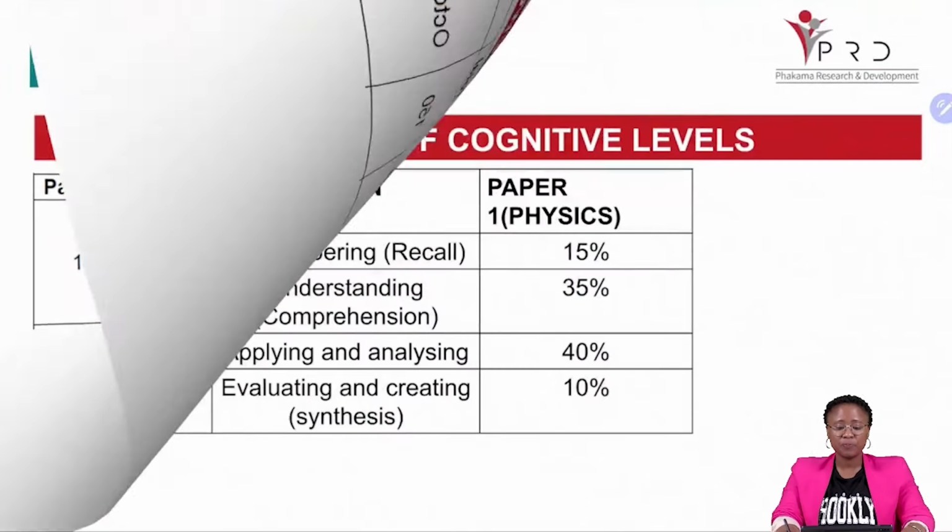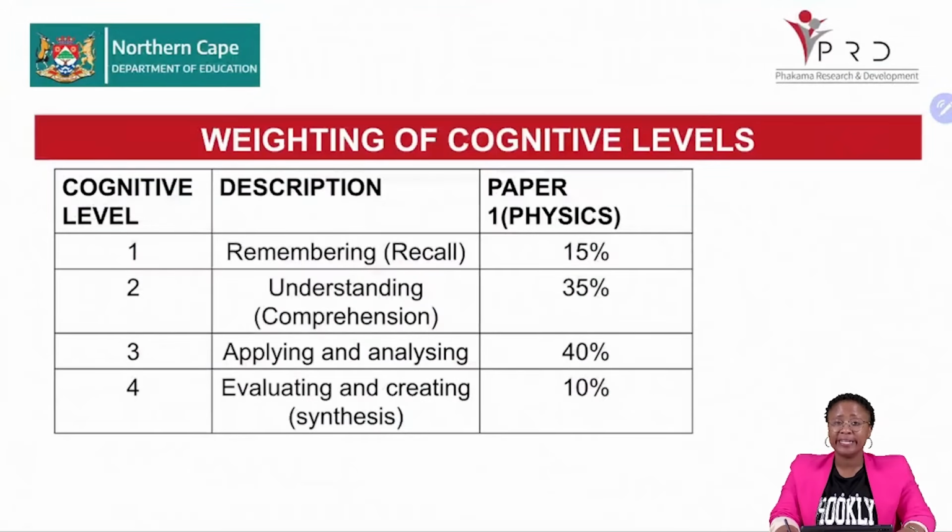Now, what else I want you to know is that your question paper will be structured in different weightings of cognitive levels. And the following levels are what you're going to be seeing in your question paper according to the exam guideline. So you have cognitive level 1, which is remembering, where you have to define certain things.